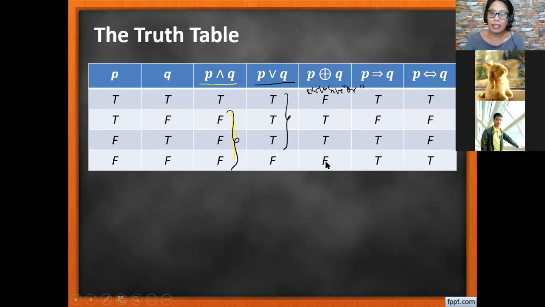In addition, class, we come up with either P or Q to be false also, since both statements here are false. On the other hand, look at the true statements of either P or Q here. If either of the statements P and Q here is true, then we come up with true either P or Q here. Who can explain what's the rule for either P or Q, or exclusive or?